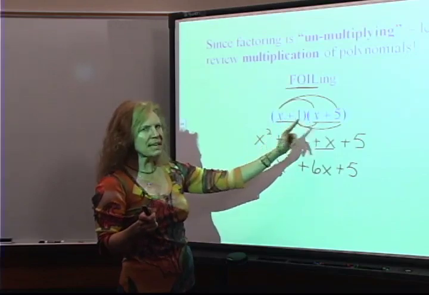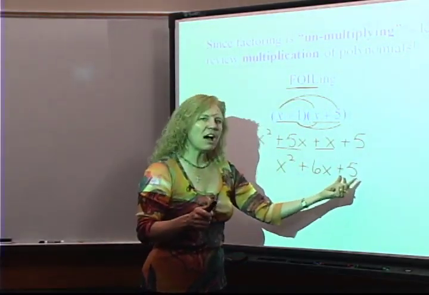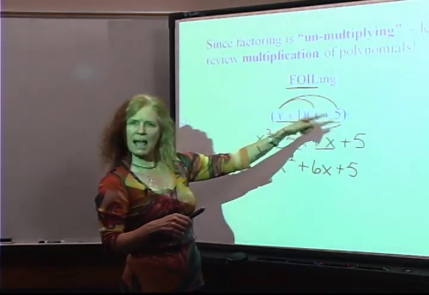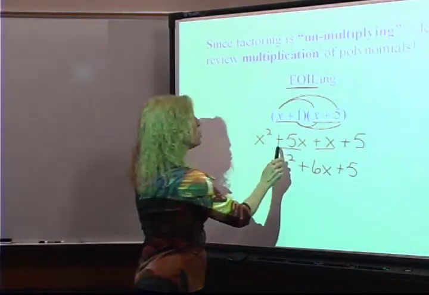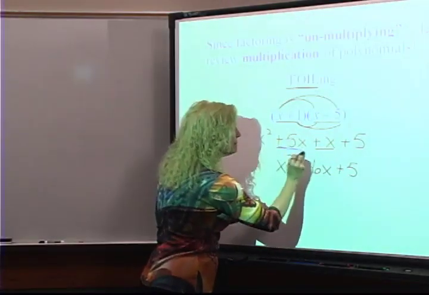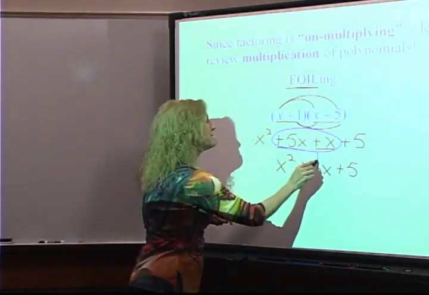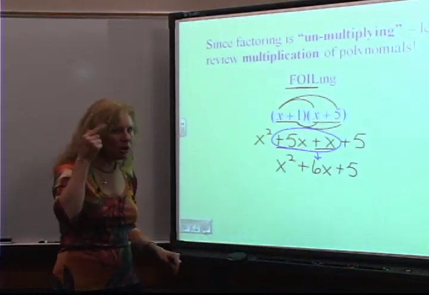Well, that was the x times the x, wasn't it? From where did this 5 come? Well, that was the last times the last, right? And the 6x, well, he was the most complicated because he was the outers and inners combined. Okay, just something to tuck away there.